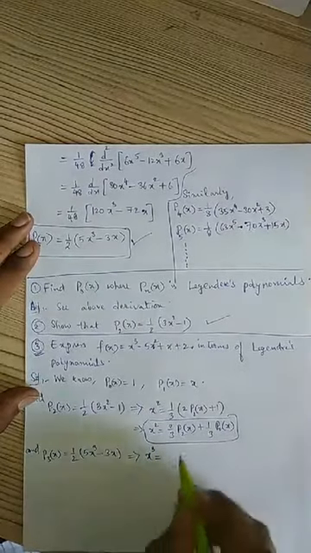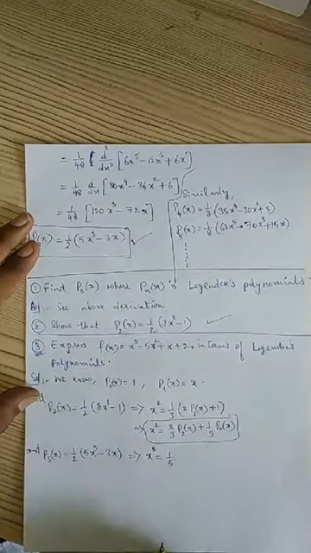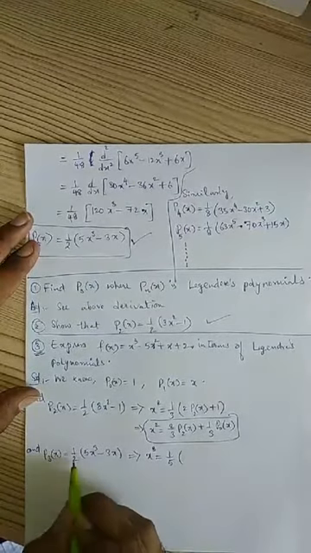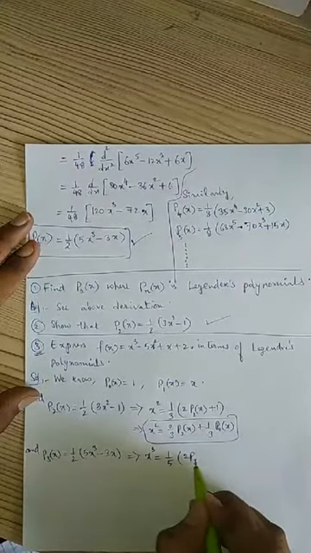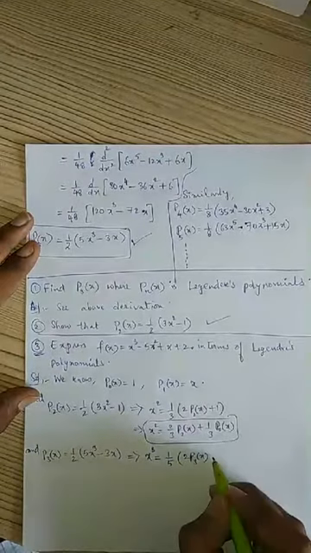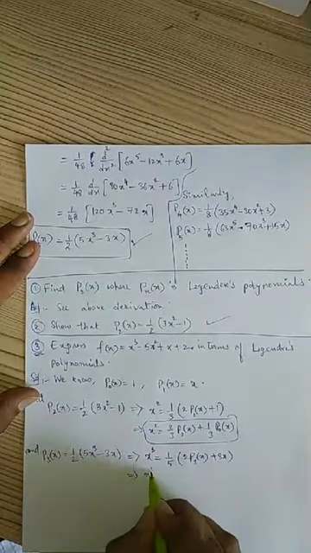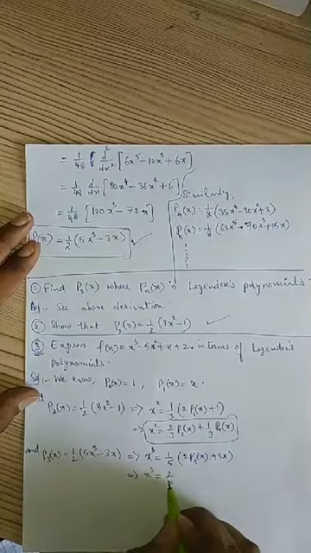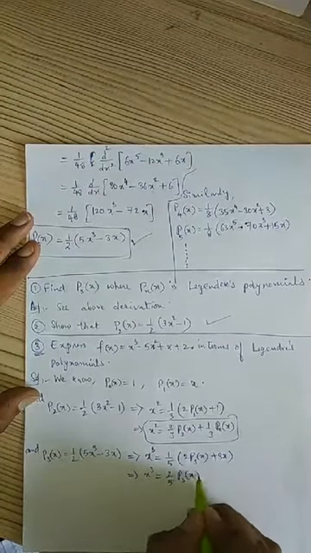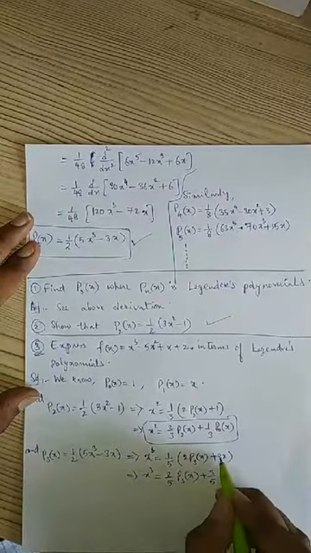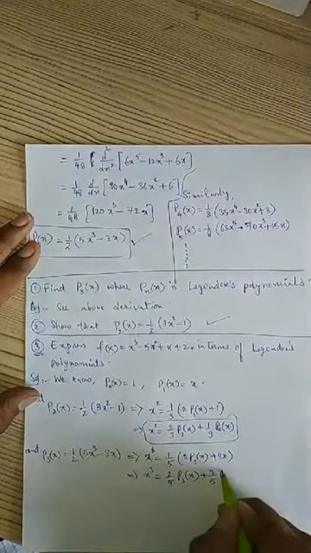X cube is given by 1 by 5 into 2p3 plus 3x. So further, x cube equals 2 by 5 p3 of x plus 3 by 5 x. X is given by p1 of x.